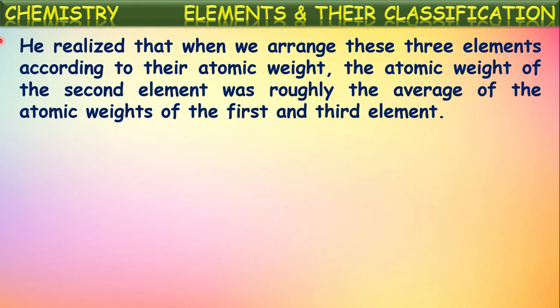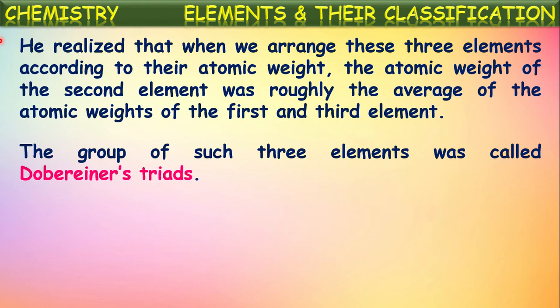Surprisingly, the atomic weight of the middle element is equal, or roughly equal, to the average of the atomic weights of the first and third elements. That is, the arithmetic mean of the first and third elements' atomic weights is equal to the atomic weight of the second, middle element.